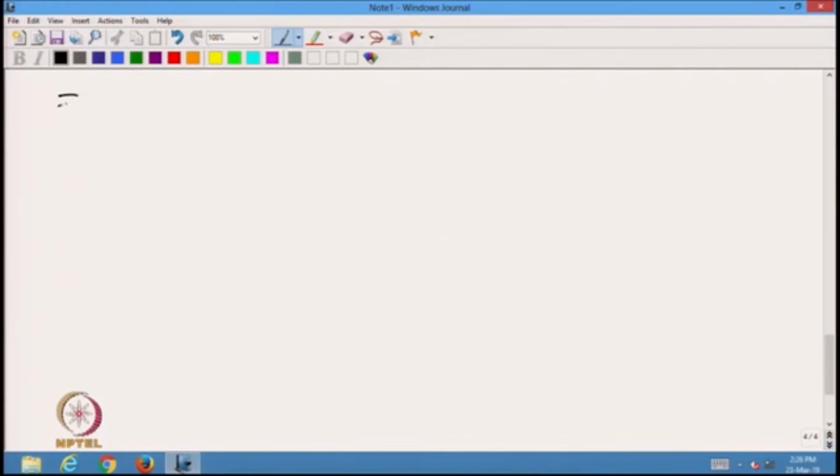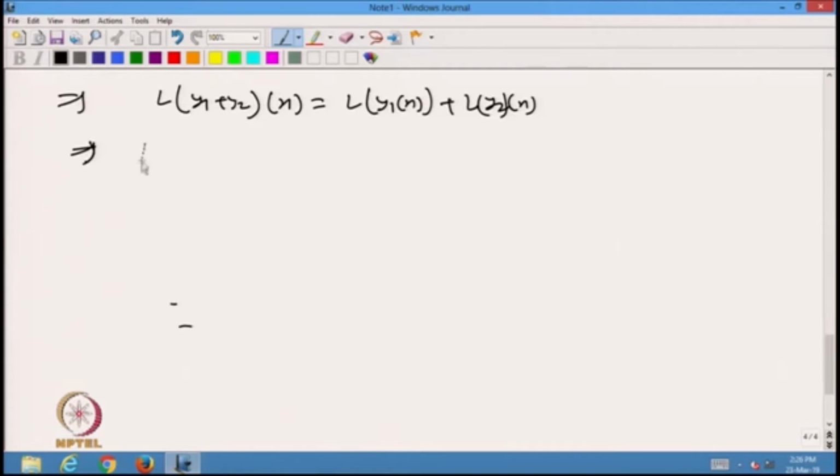After doing this, I can say that L of y1 plus y2 is the same as L of y1(x) plus L of y2(x). If this is satisfied, then I can say that L is a linear differential operator.